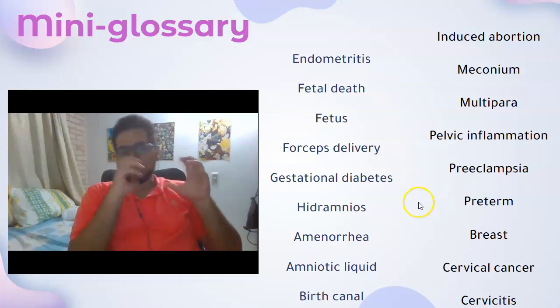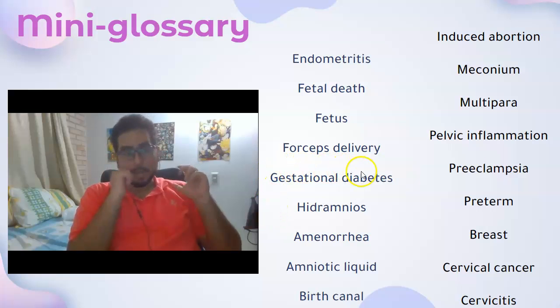Endometriosis is a disorder in which the same type of tissue that lines the walls of the uterus grows outside of the uterus, in the pelvic cavity or somewhere in the body. Amenorrhea is the absence of the woman's monthly menstrual periods.